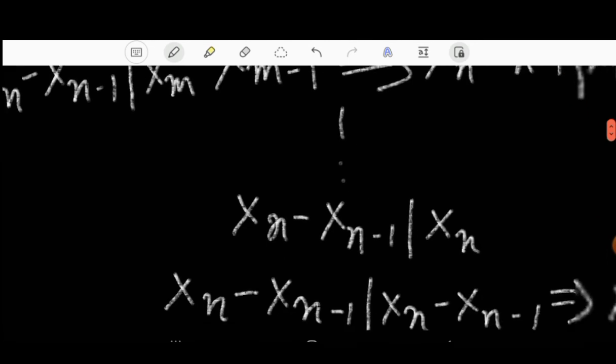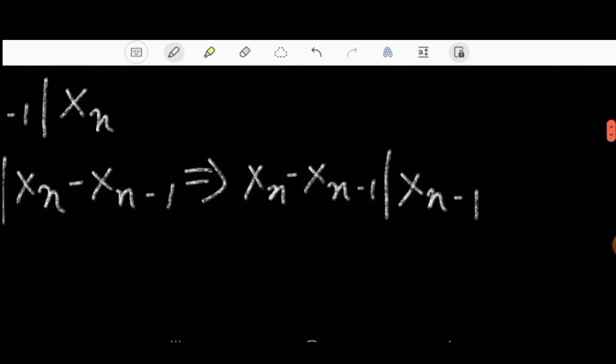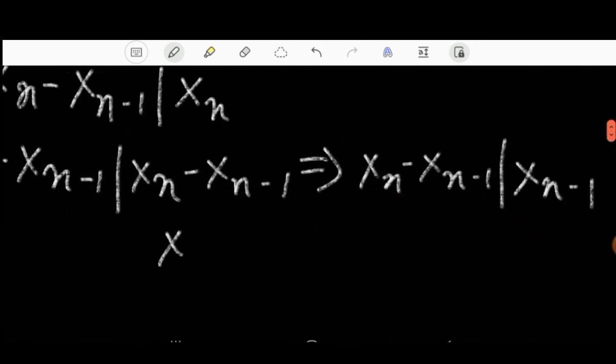And now use the third proposition, and we can say that xn minus x(n-1) is smaller than or equal to xn minus x(n-1).